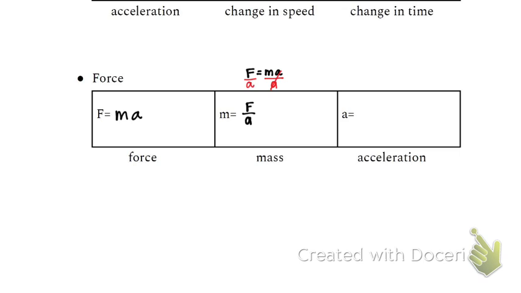If I want to get the a by itself, what's that going to look like when I multiply a? Just going to start with the same thing we started with, because when I multiply a, I get back to F equals ma. What do I need to do to get the a by itself?